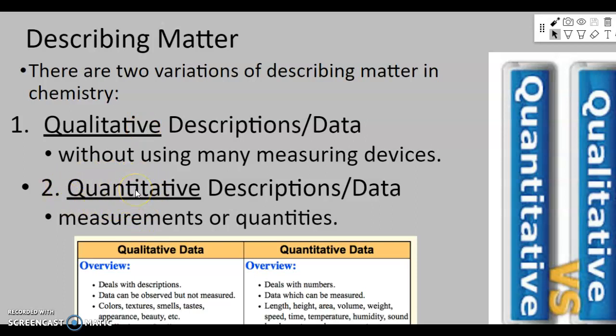So there will be a number associated with that substance or that measurement that's being made. Qualitative things can be observed and they can be detected without any type of measuring device. Quantitative, on the other hand, need to be measured. So this is the first way that we're going to differentiate things.